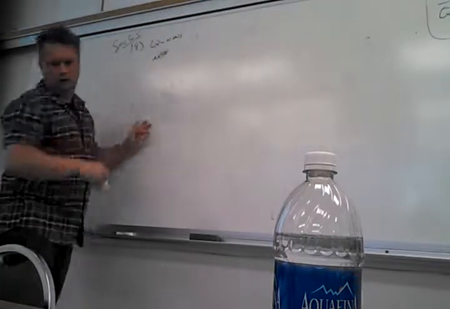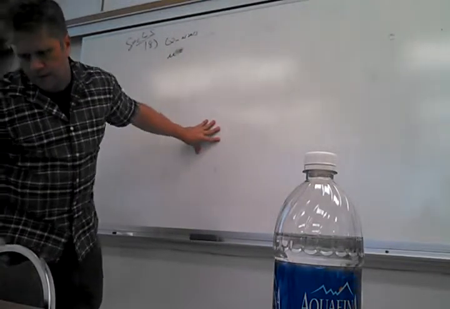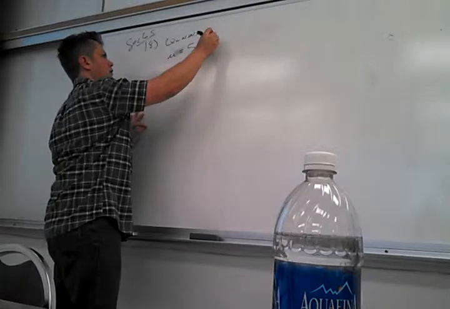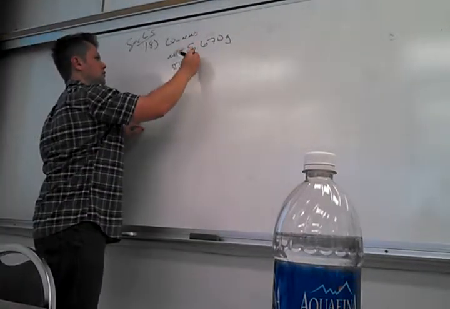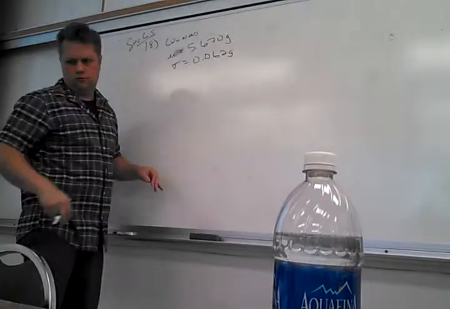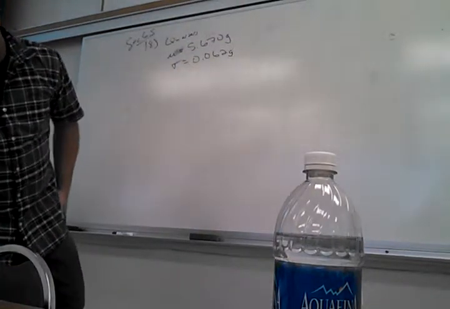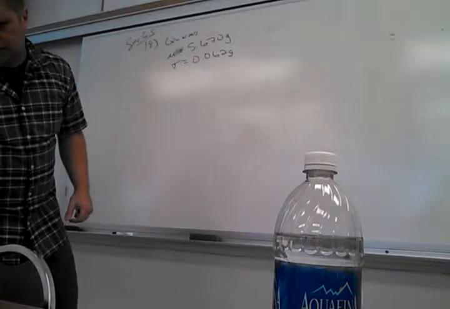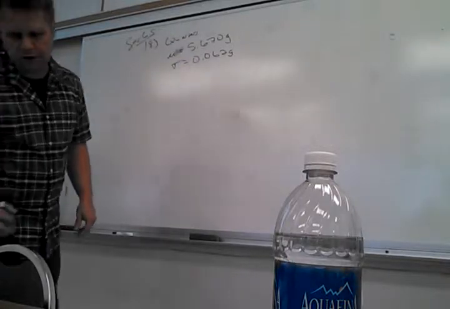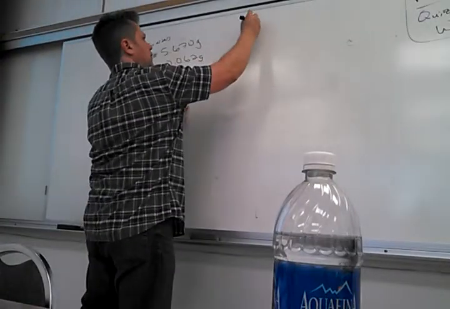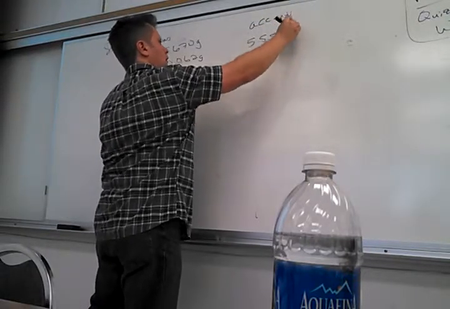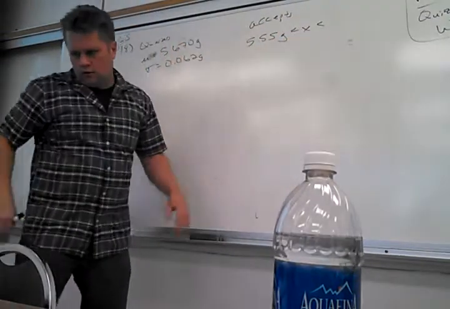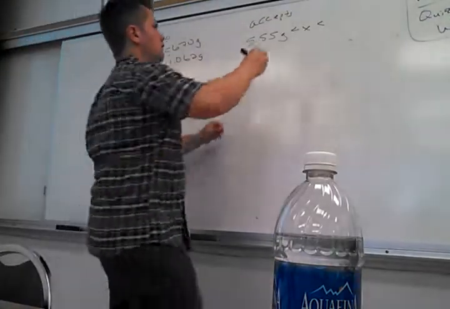The mean is 5.670 and the standard deviation is 0.062. A vending machine is configured to accept only those quarters with weights between 5.55 and 5.79.